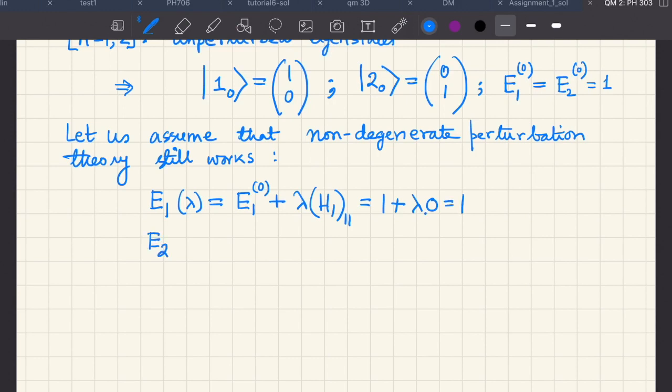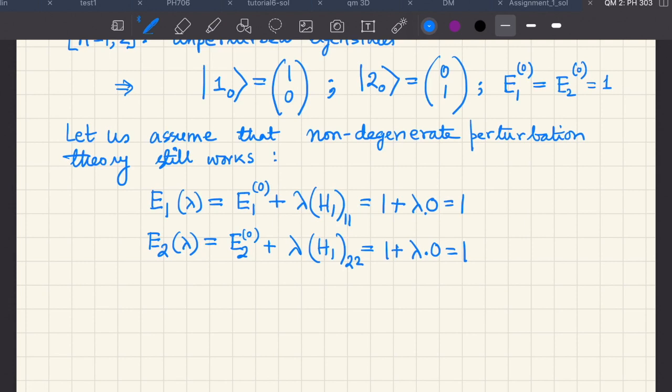Similarly, E2 of lambda is nothing but E20 plus lambda times the H1 perturbation matrix 2/2 element, which is again 0. So this is again 1. The eigenvalues are unperturbed to first order in lambda since the matrix H1 is off diagonal.